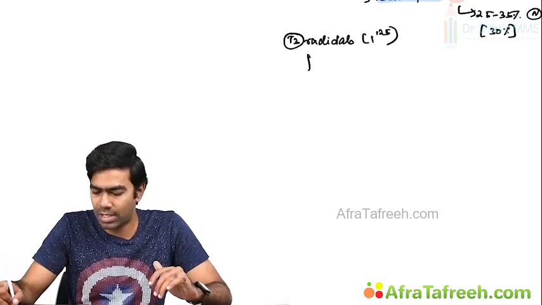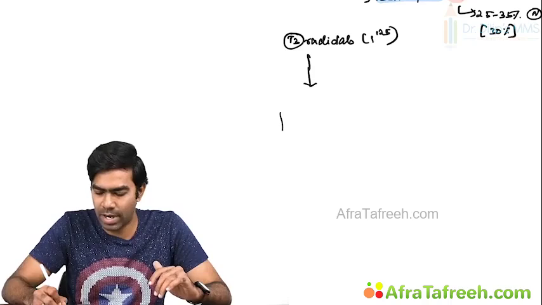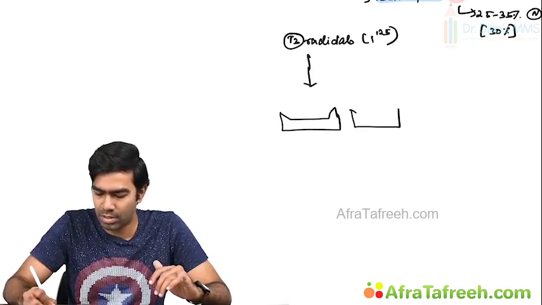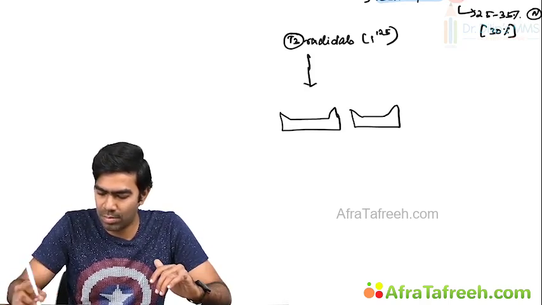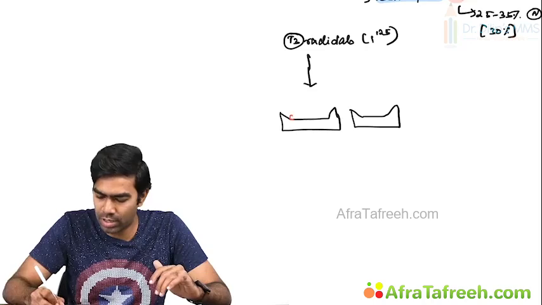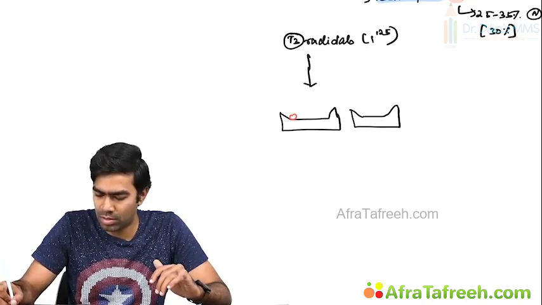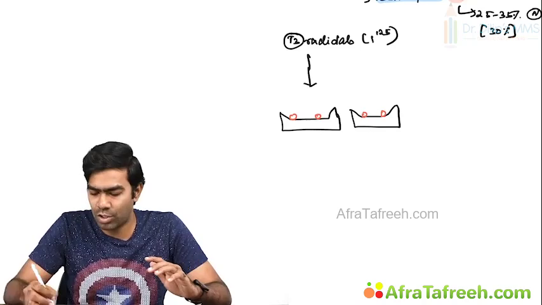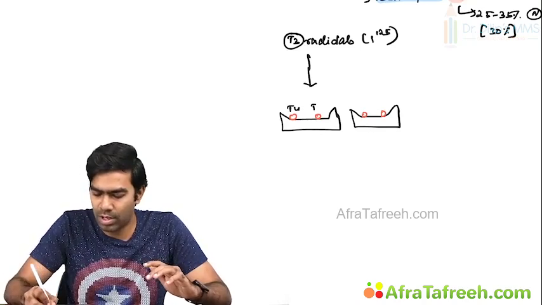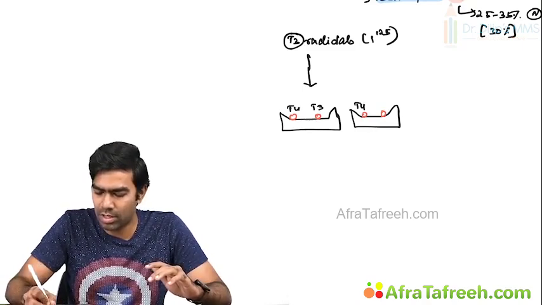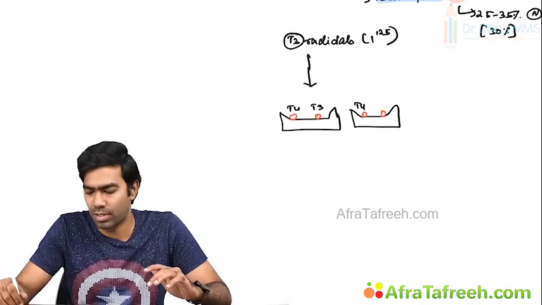This radiolabeled T3 will initially bind to the TBG only because it has high affinity for TBG. You know very well the TBG has a lot of binding pockets. It is very sure that some of these binding pockets will already be occupied by thyroxine and triiodothyronine.